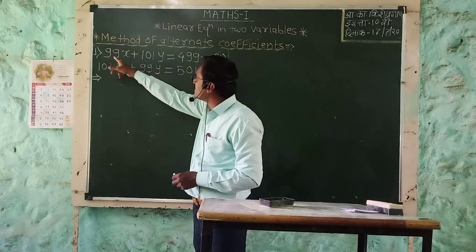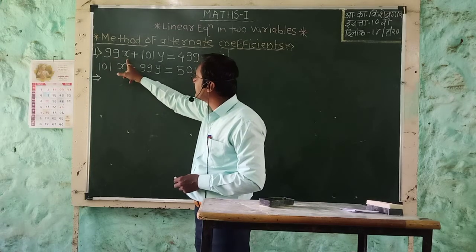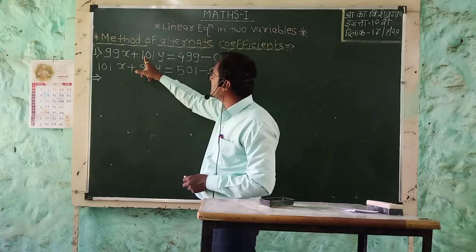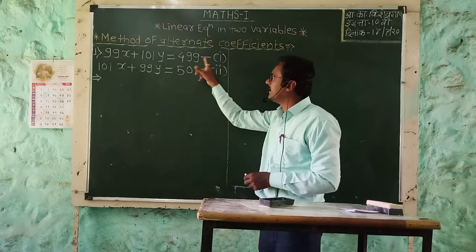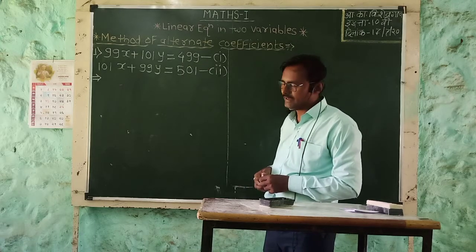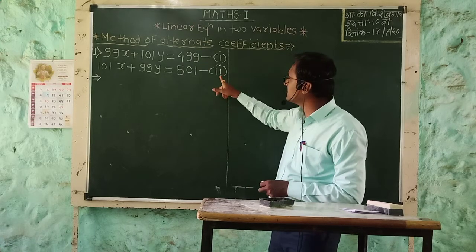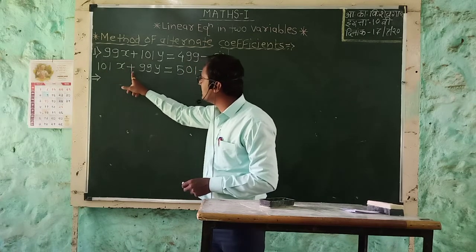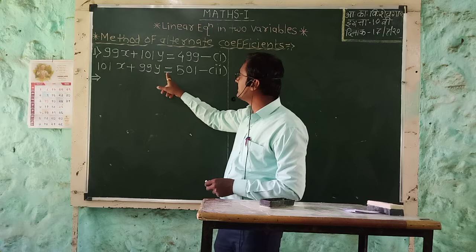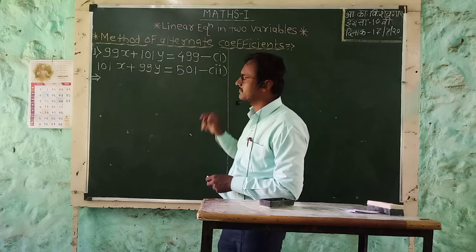The first equation is 99x plus 101y is equal to 499, and the second equation is 101x plus 99y is equal to 501.